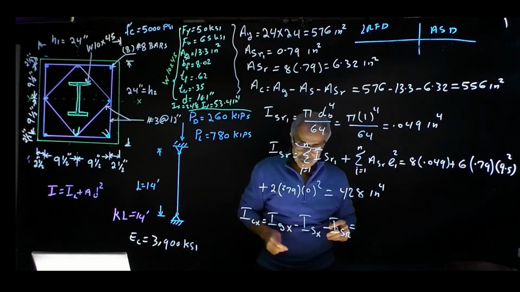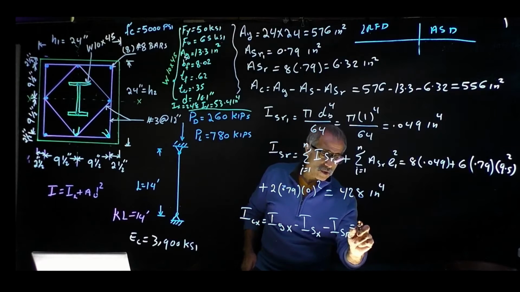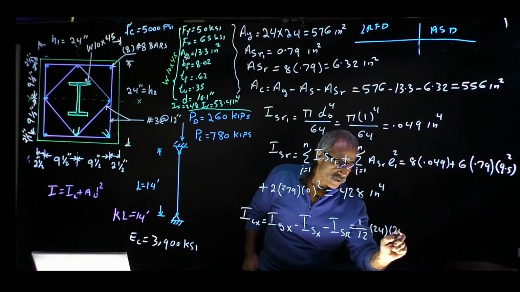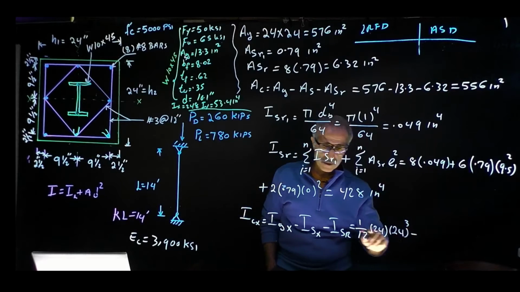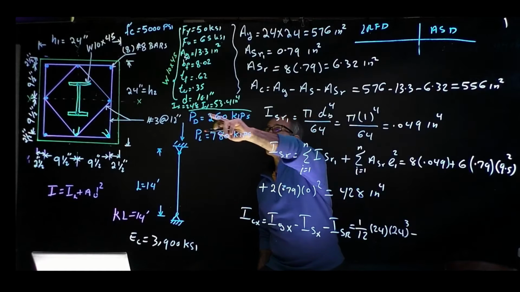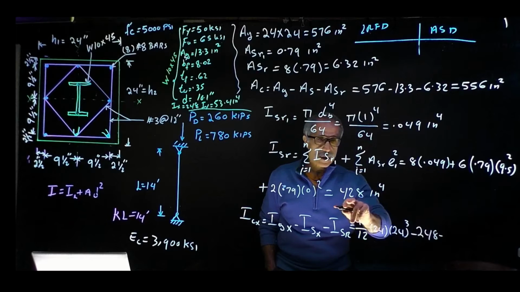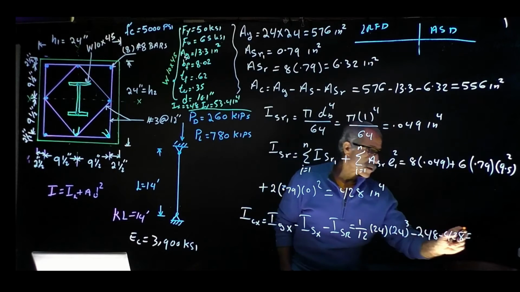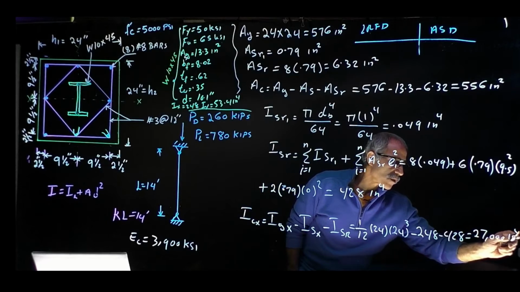Because that's a square shape, it's going to be 1/12 BH cubed, which is basically 24 times 24 to the power 3, minus SX, which came out to be 248, and minus the other one, which came out to 428. So that comes out to 27,000 inch to the power 4.